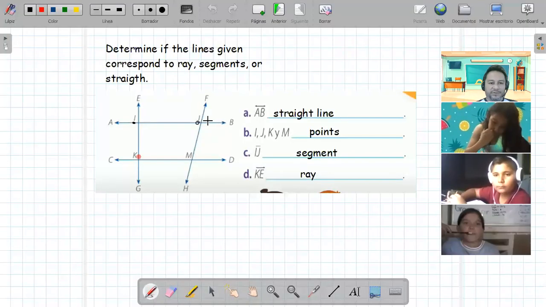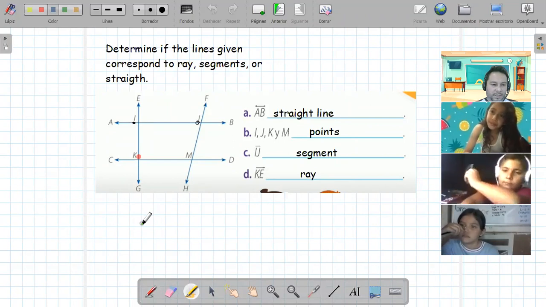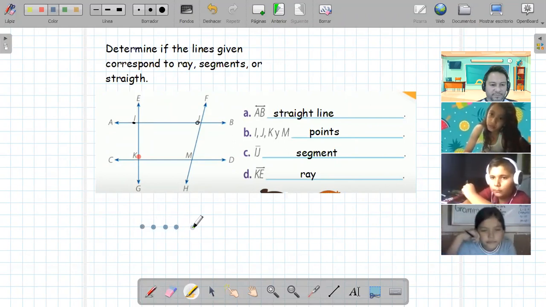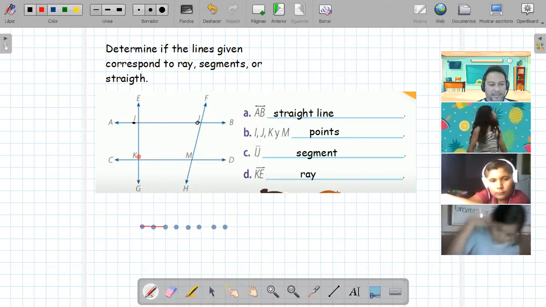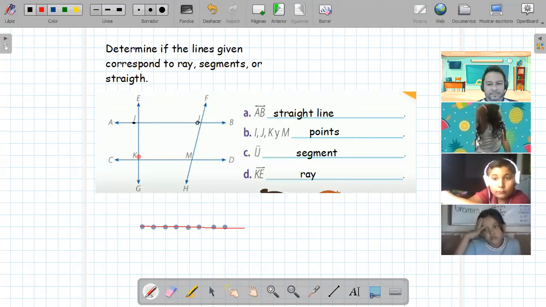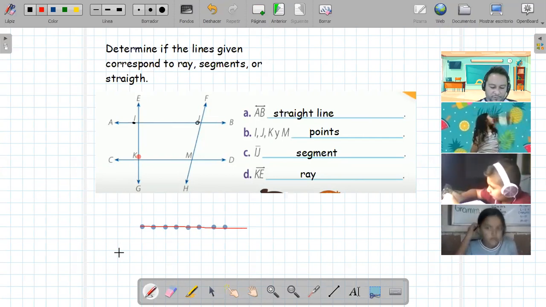Of course I'm not going to use the book. You have some points there, and these points are for you to guide you when you make a line. But we are not going to use this one.